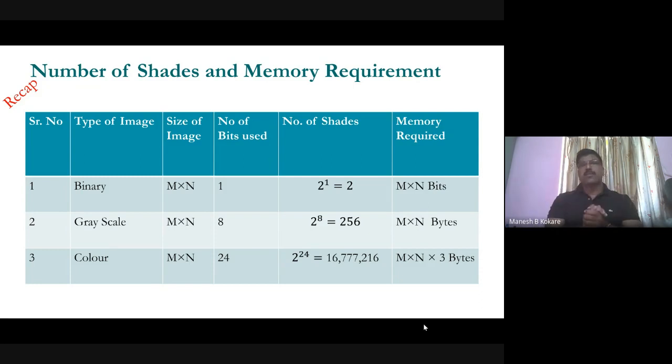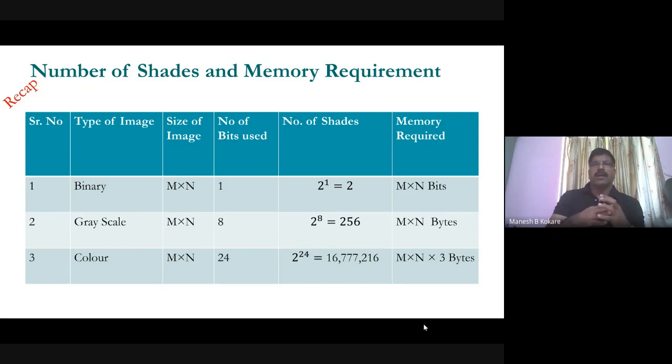For a grayscale image, 8 bits or 1 byte are used for every pixel, so 2 raised to 8 equals 256 gray shades, ranging from black to white. 0 is considered black and 255 is considered white, and in between there are several shades.